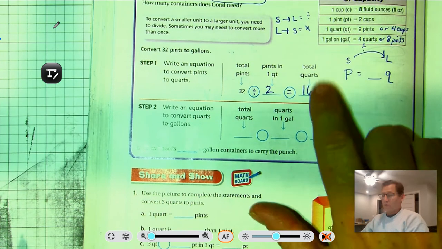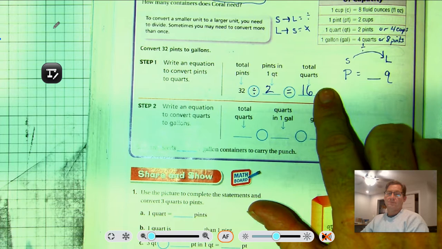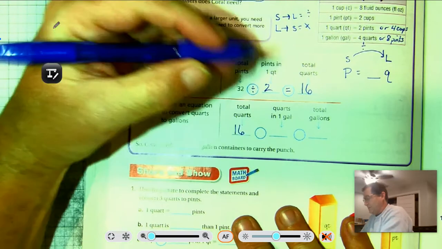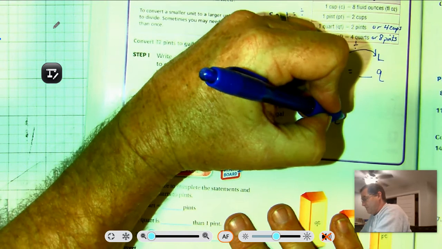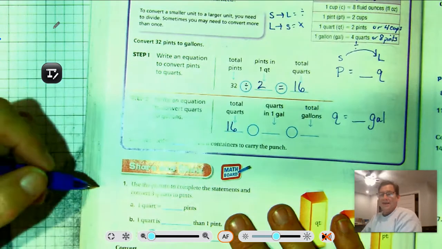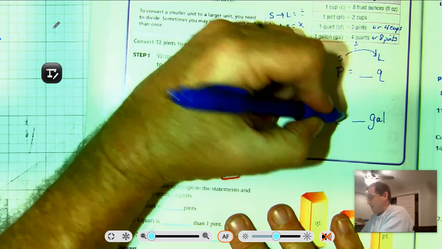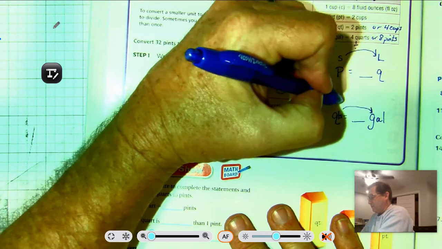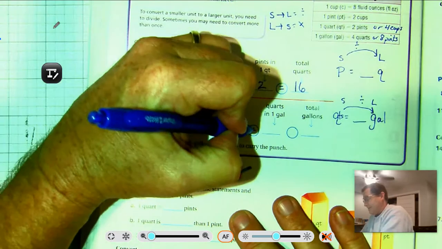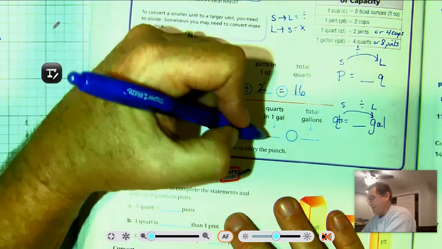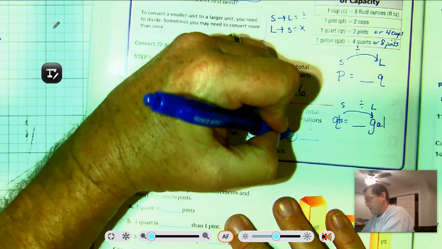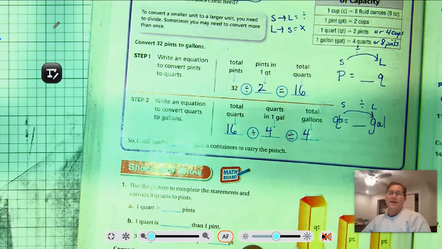Okay, now that we have the total number of quarts, we can easily convert that into gallons. So we'd have 16 quarts going from quarts to gallons. So quarts to gallons, we're going smaller to larger still. So 16 divided by how many quarts are in a gallon? 4. So 16 divided by 4 equals 4 gallons.